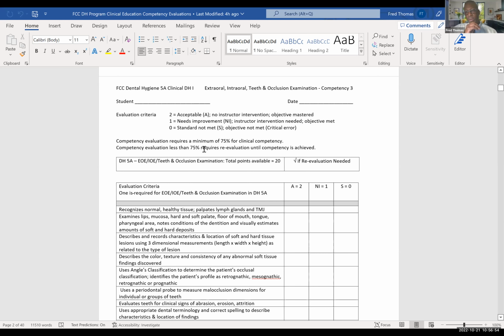The other thing that I wanted to mention with these competencies, from the clinical education side, is that it's a mini test in the clinic. That's what I give to the students. So when they are ready to do a competency and they're working on a patient or doing patient care, they let us know.